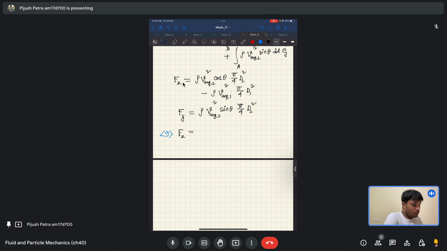is equal to pi by 4 into density is 790 into velocity square. What is the velocity?